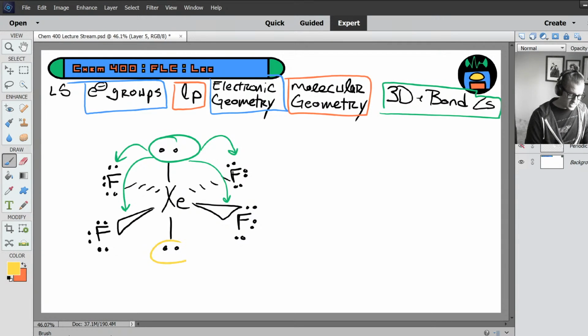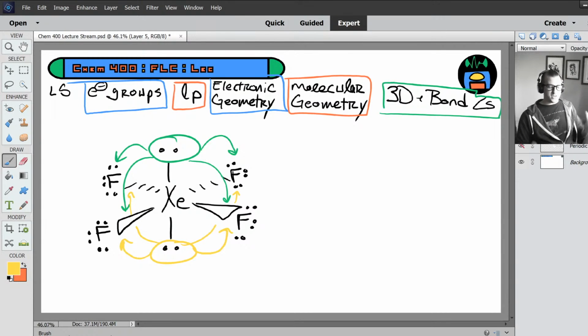But you'll notice here, you've got a second lone pair, and it's on the other side. This lone pair is pushing from below on all of these fluorines. All right, it's pushing from the opposite side. And so because they're on opposite sides of the molecule, one pushing from the top, the second pushing from the bottom, the result is no change, no distortion to the bond angle because they have the same strength.